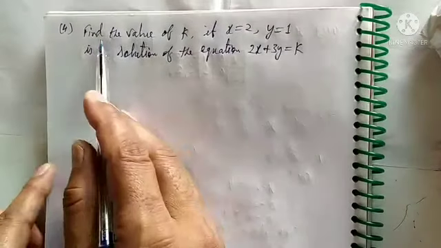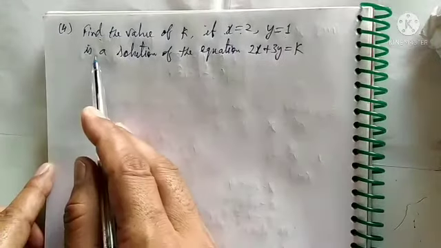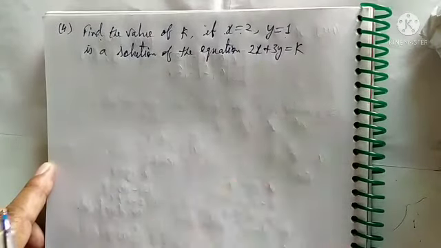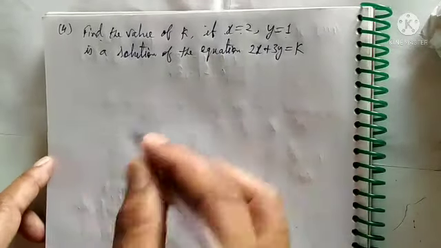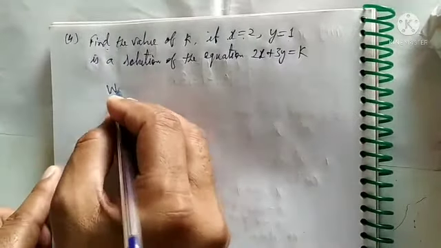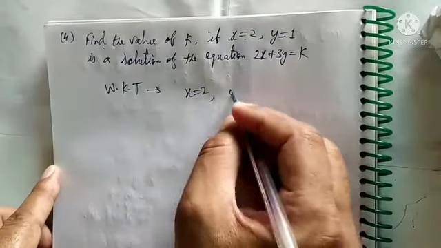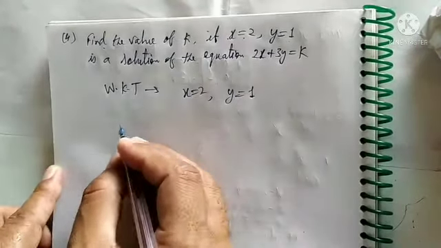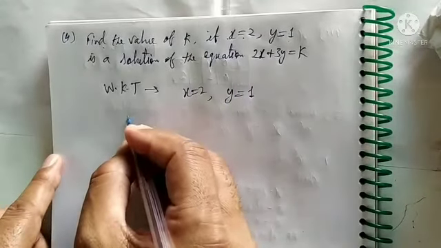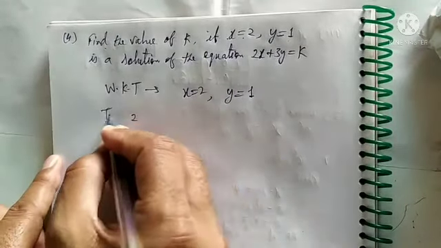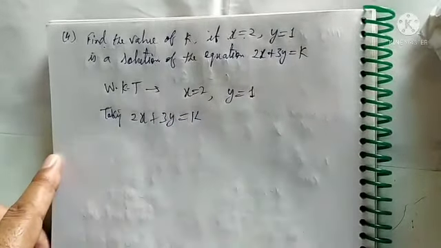Question number 4. Find the value of k if x equal to 2, y equal to 1 is a solution of the equation. This means the x and y values are given and we have to find the value of k. It's very simple. We know that x is equal to 2 and y is equal to 1, and these are the solution of this equation, 2x plus 3y is equal to k.